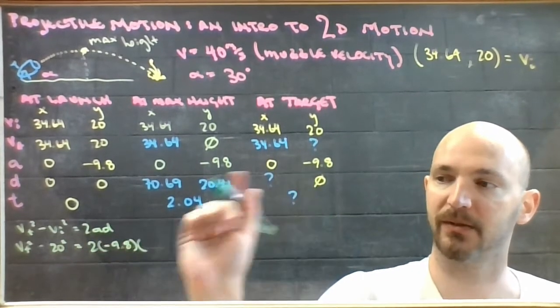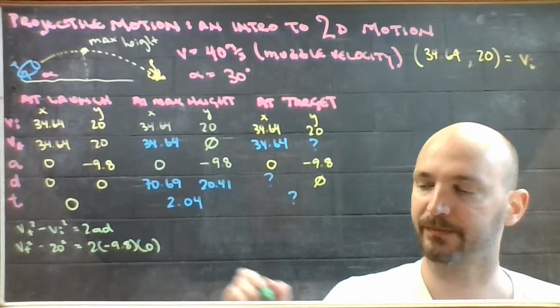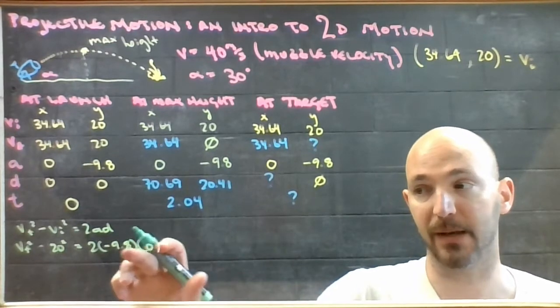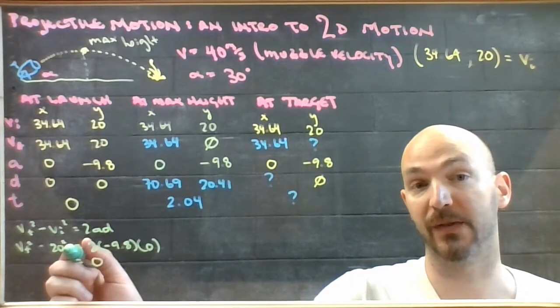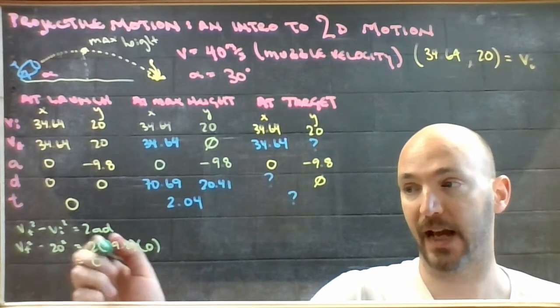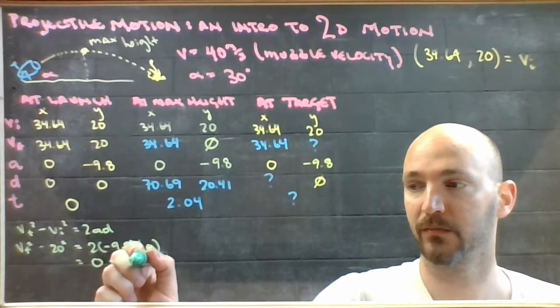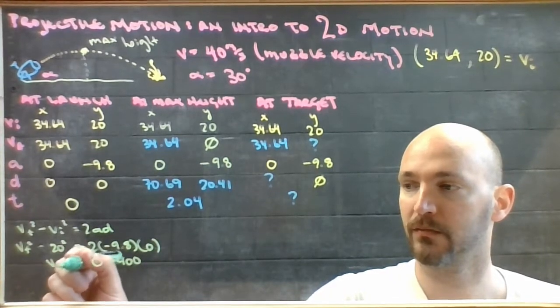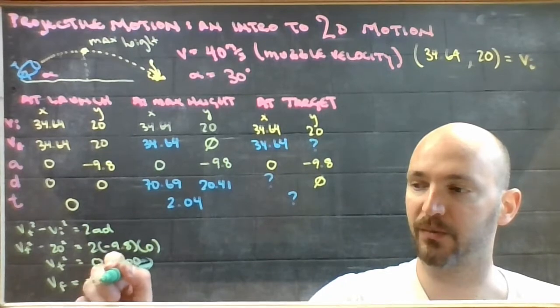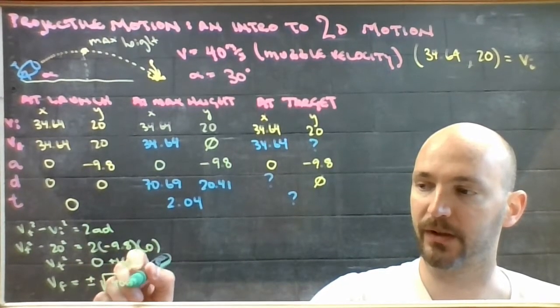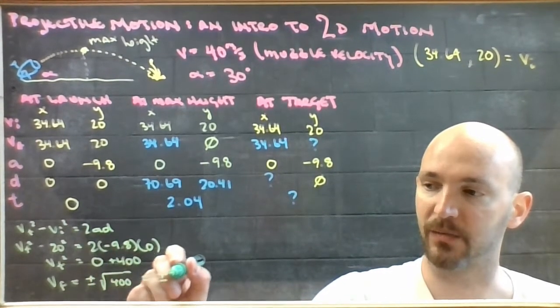And the vertical distance is 0. 0 times anything is gone. 20 squared is 400. So I have to add 400 to both sides. And to undo this square, I will have to do plus or minus the square root of 400, which is plus or minus 20.